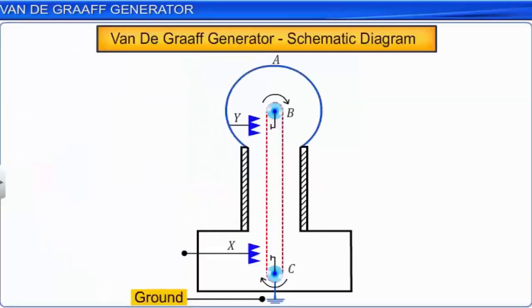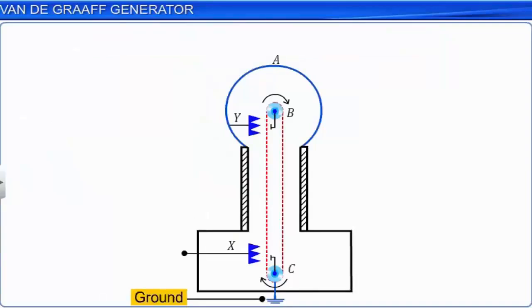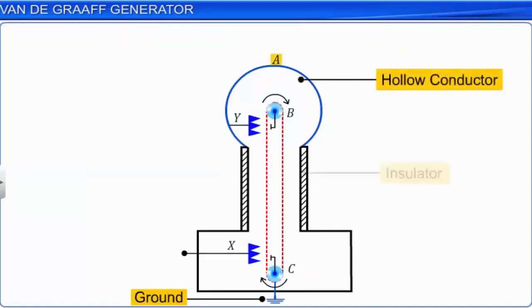The schematic diagram of the Van de Graaff generator is as shown. It consists of a hollow metallic conductor A, which is mounted on an insulating column. A pulley B is mounted at the center of the sphere A. Another pulley C is mounted near the base of the conductor, and C can be continuously driven by an electric motor, or by hand in case of the device being used for demonstration.